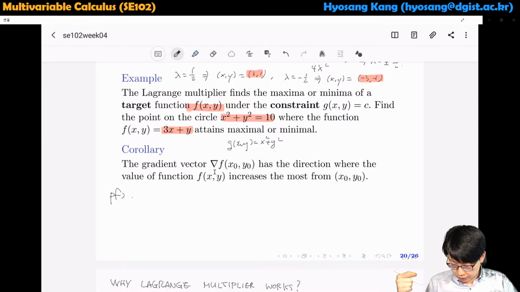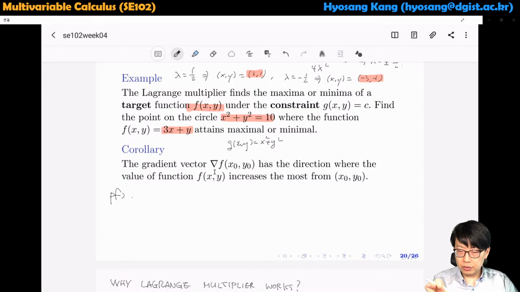When you move your point x0 and y0 on the two-dimensional plane, there are 360 degrees of direction. Well, actually there are infinitely many directions, but you can move in any of them. You want to find a unit vector. Suppose that we have a unit vector.